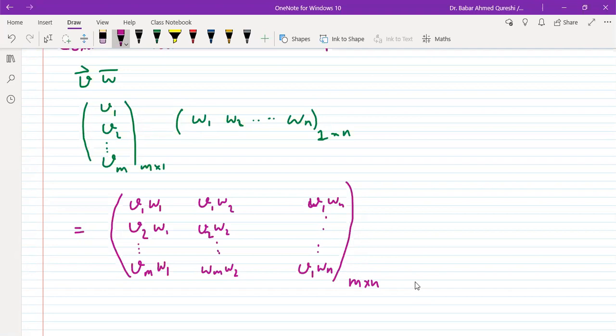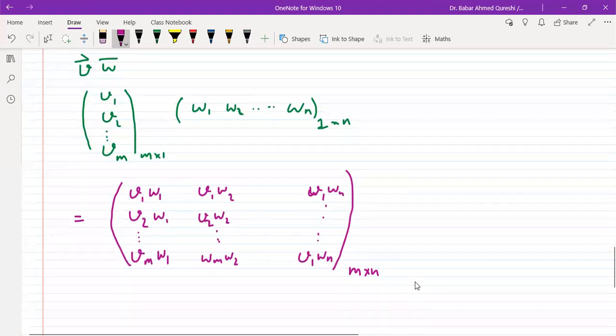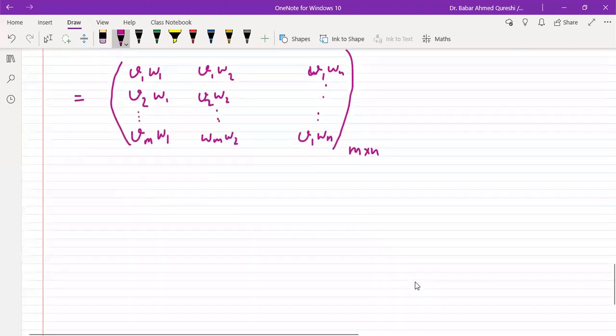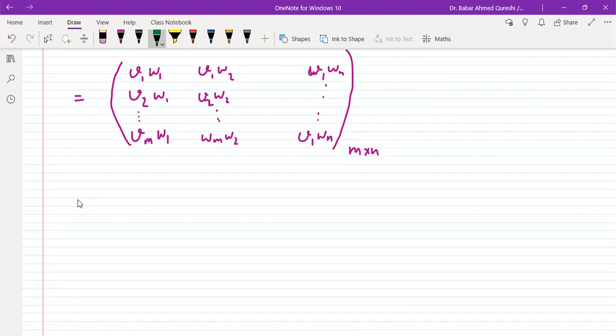Now let's look at what happens. We have seen how to multiply a matrix with a column. Let's see what happens if I multiply a row with a matrix.